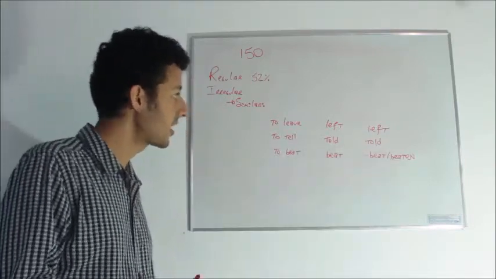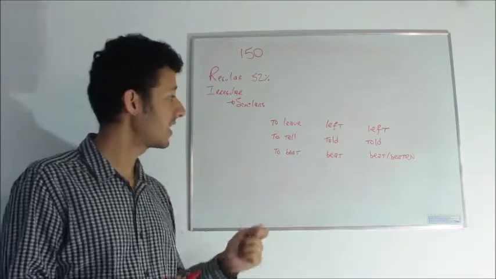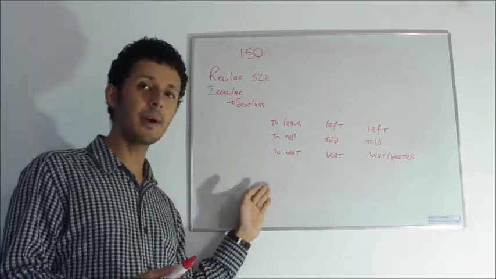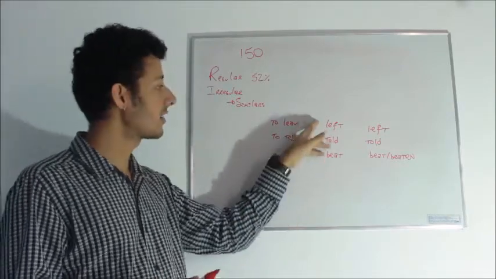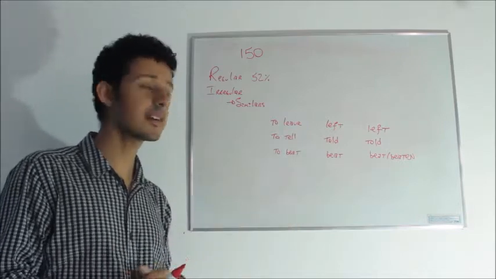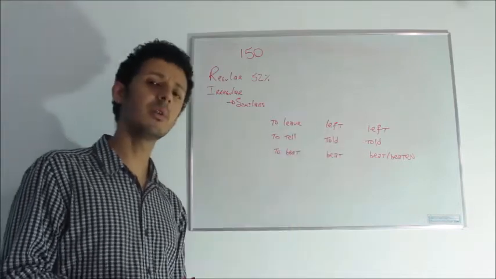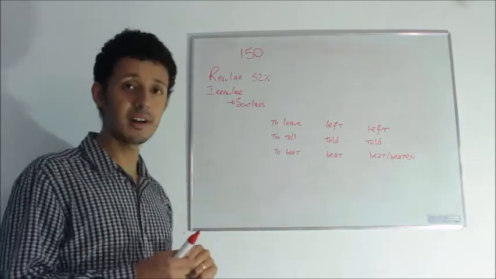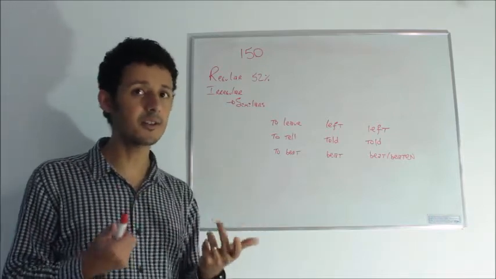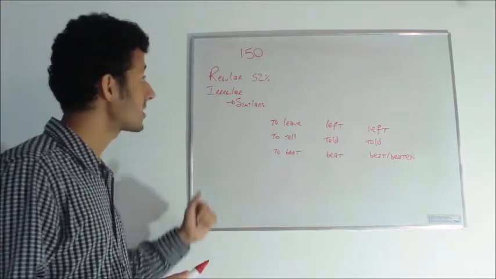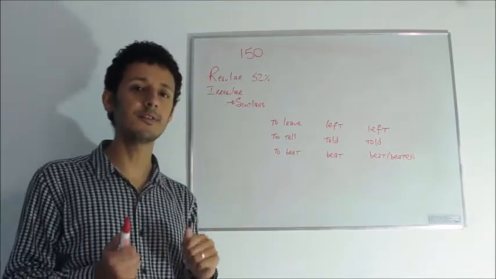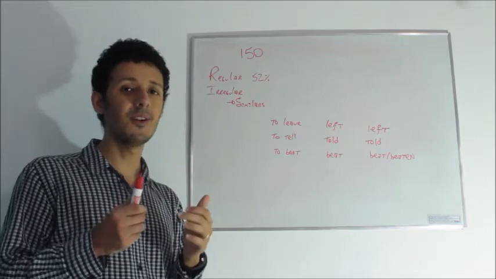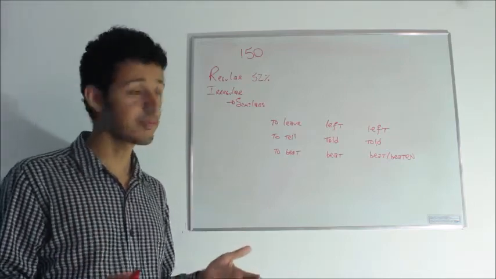Beat, beaten. But here, pay attention. They are all irregulars. They have irregular pasts, but they also have irregular participles, but they are similar. So it's also easy. We know that 52% of the verbs are regular, so that's not a problem.